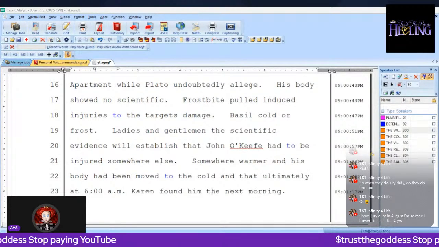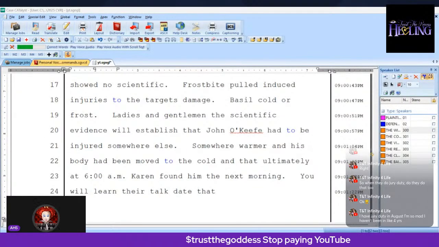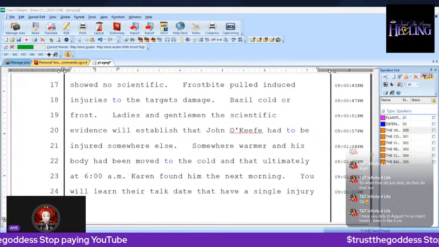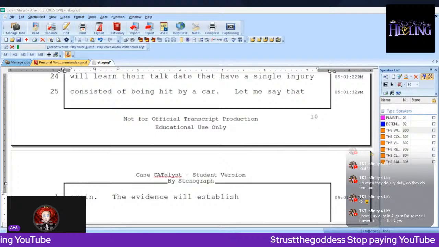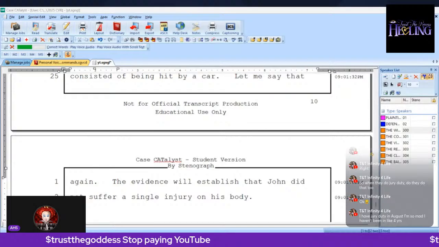You will learn that John did not have a single injury consistent with being hit by a car. Let me say that again. The evidence will establish that John did not suffer a single injury on his body consistent with having been hit by a car. Not one.